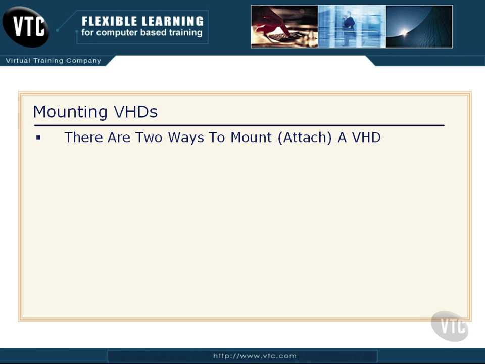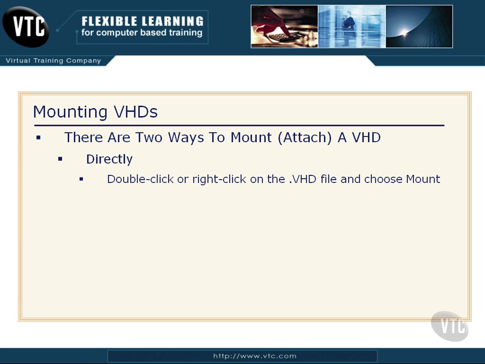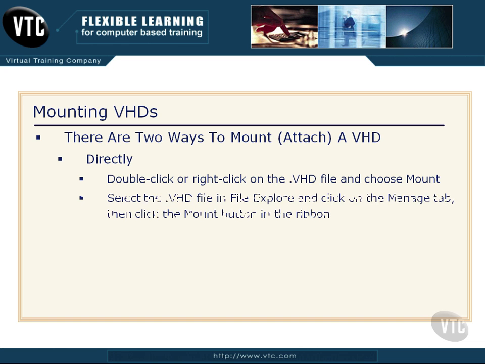Now, there are two ways to mount or attach a virtual hard disk. You can do it directly by double-clicking or right-clicking on the .vhd file. The right-click will always work. Double-click works if you have a hypervisor installed and so forth. I can right-click on the actual VHD file in File Explorer, choose Mount, and it works. Then I can select the VHD in File Explorer, click on the Manage tab, and click the Mount button in the ribbon at the top.